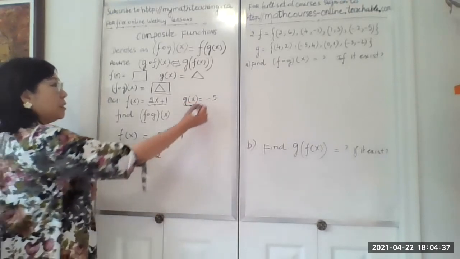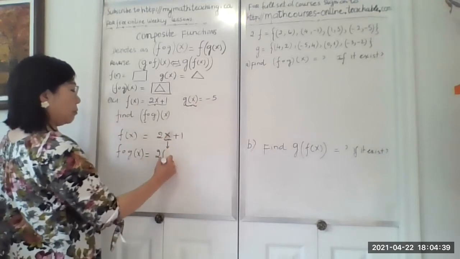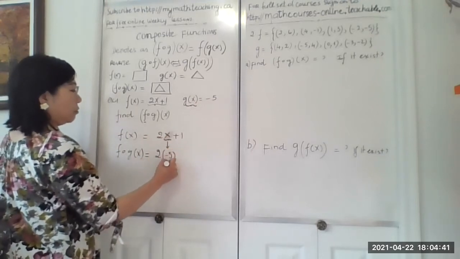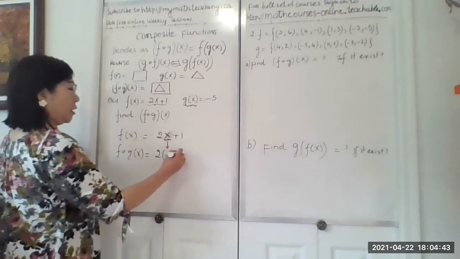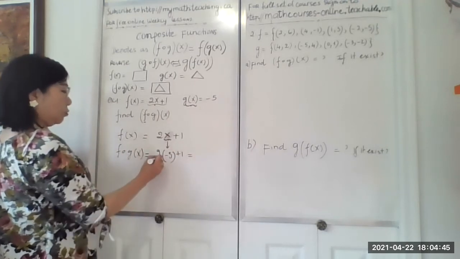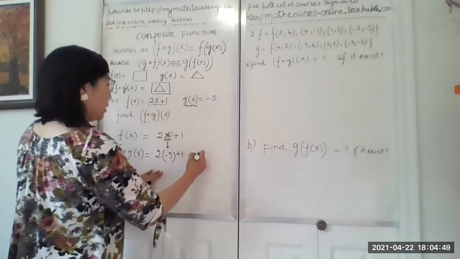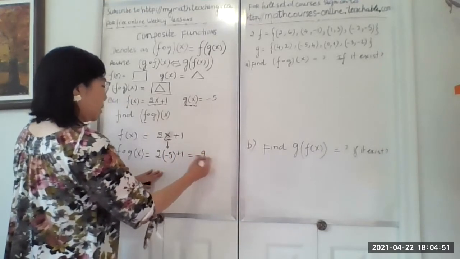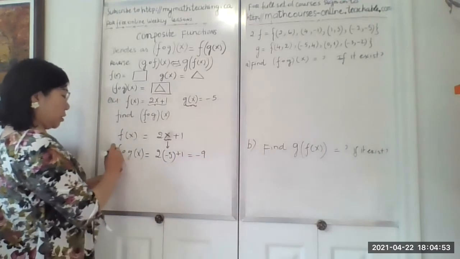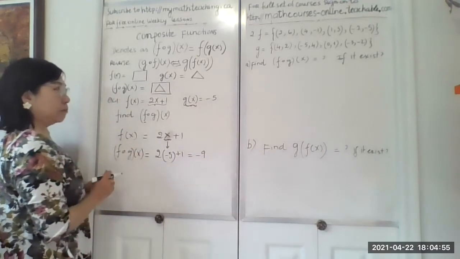So g of x here is minus 5. So it means 2 times minus 5, we substitute for the x, and plus 1. So 2 times minus 5 is minus 10. Minus 10 plus 1 is minus 9. So this is the result of the function f of g of x.